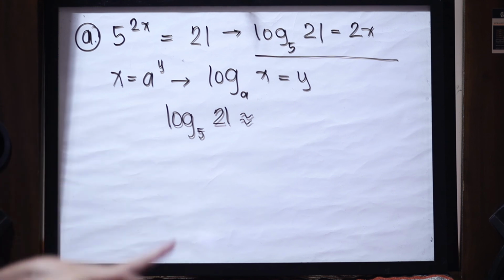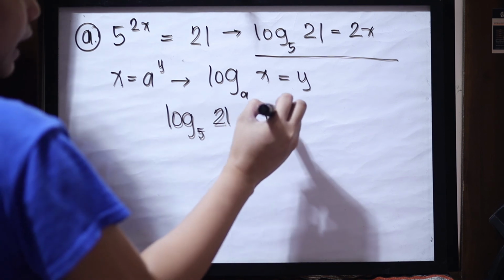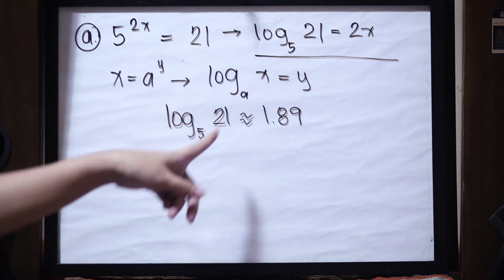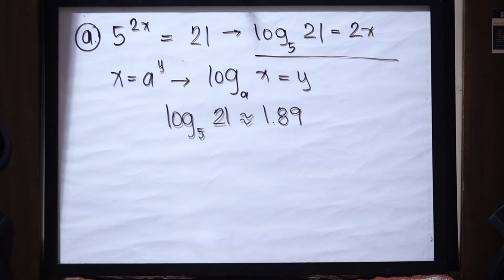Yung curly na equal sign, ang sinisignify niyan is approximation. Bakit tayo nag-approximate? Kasi nag-round off nga kayo. So, ibig sabihin, hindi yan yung exact value. Nag-round off lang. So, to indicate na nag-round off tayo ay curly na equal sign yung gagamitin. So, ang logarithm of 21 to the base 5 is approximately 1.89.